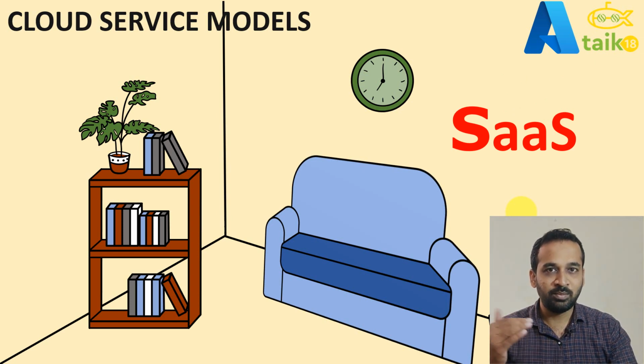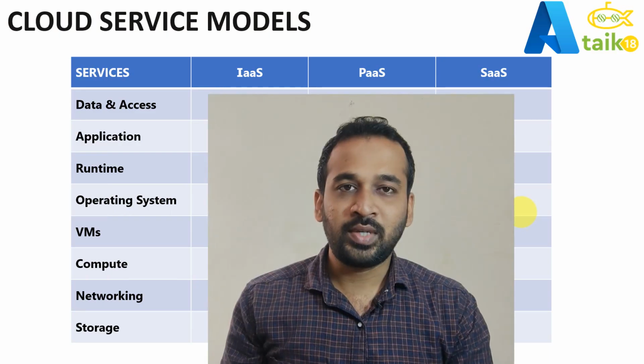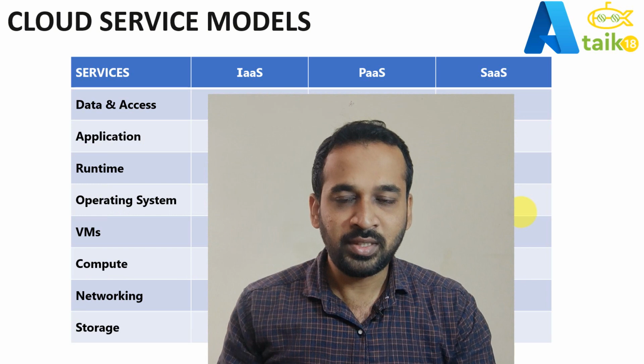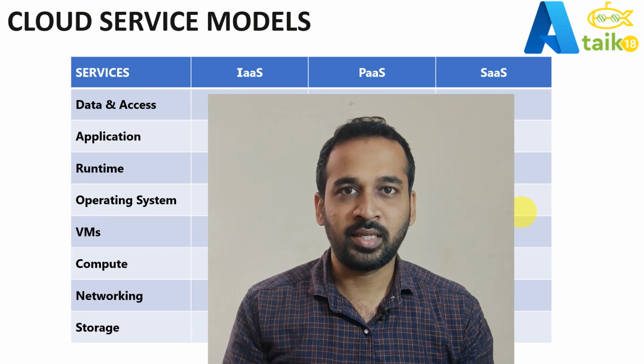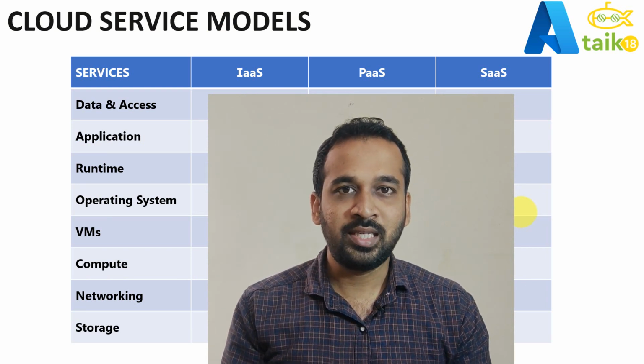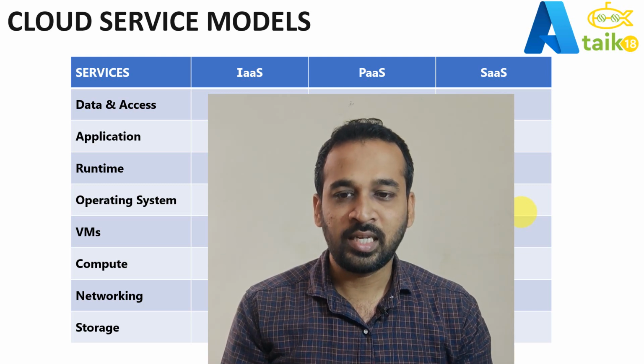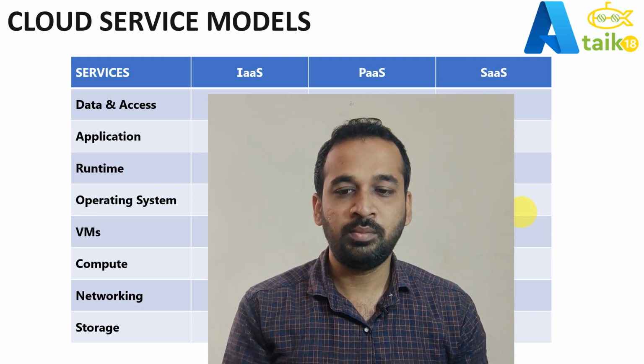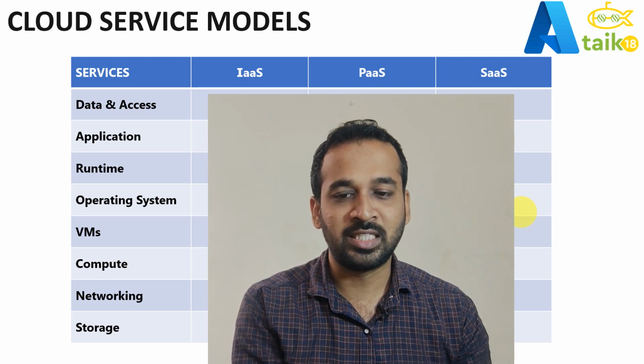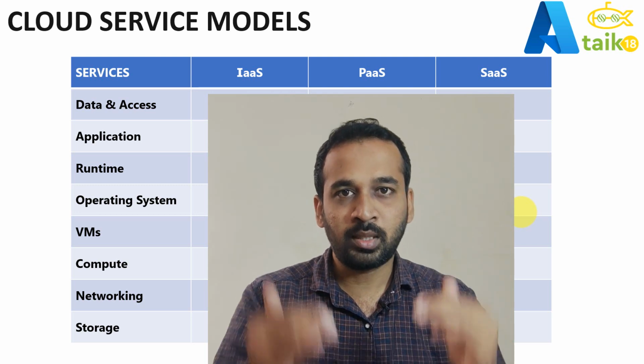So now let's understand the basic functionality inside that. On the left side, you can see the services which cloud computing can provide: data and access, application, runtime, operating system, virtual machines, compute, networking and storage. We'll go from bottom to top.